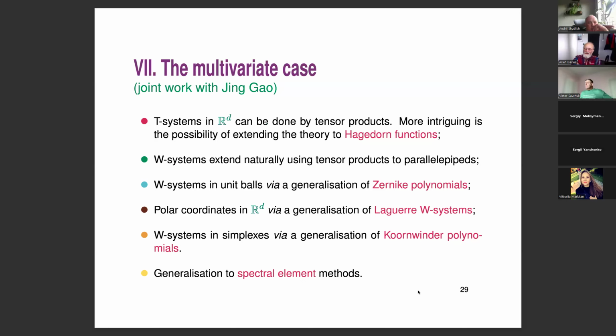The original Zernike polynomials were defined in the unit disk. And by the way, Franz Zernike got a Nobel Prize in physics for these polynomials. So you don't need to be a great approximation theorist to be better than all the physicists together. But they have been generalized to balls.